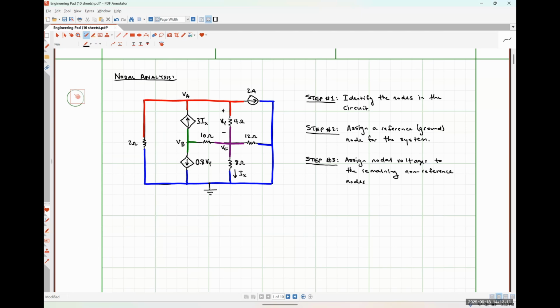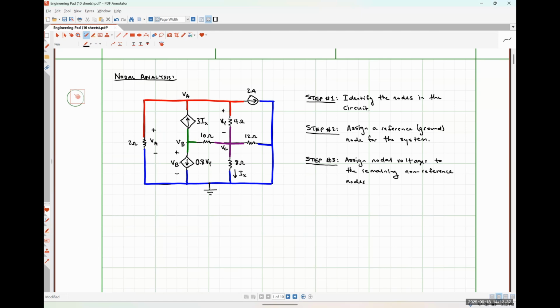So this nodal voltage VA is just a shorthand notation for the voltage drop across the 2 ohm resistor. And VB is just a shorthand notation for the voltage drop across that voltage controlled current source. Because again, the positive polarity terminal of the nodal voltage is at the node of interest.